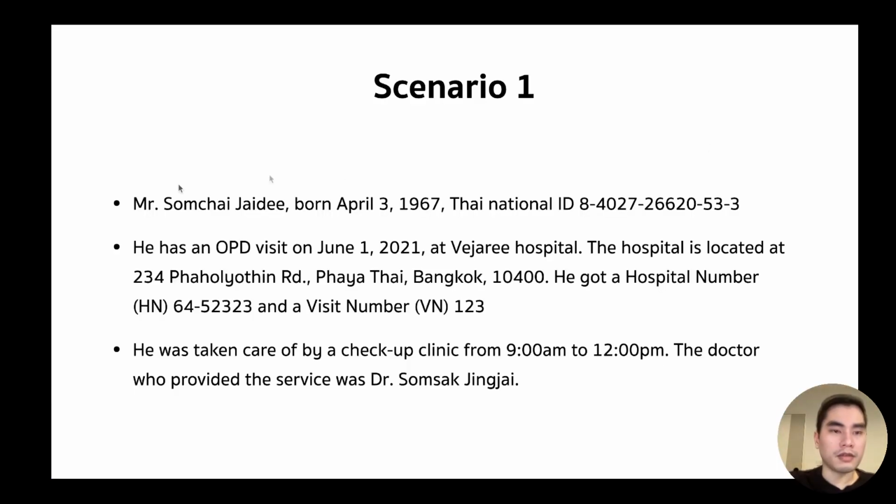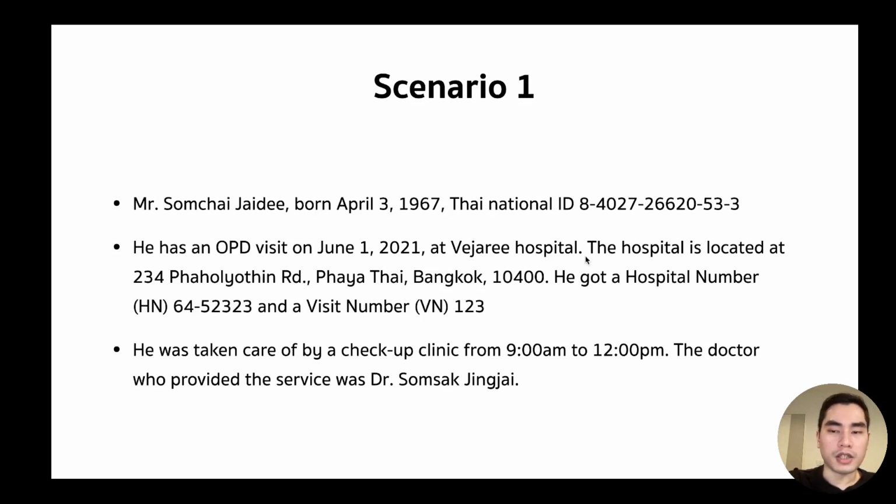Scenario 1. Mr. Somchai JD, born April 3rd, 1967. He has a Thai national ID like this one. He has an OPD visit on June 1st this year at a fictional hospital named Vechari Hospital. The hospital is located at 234 Pahonyotin Road, Phayat, Krungthep, Bangkok 10400.